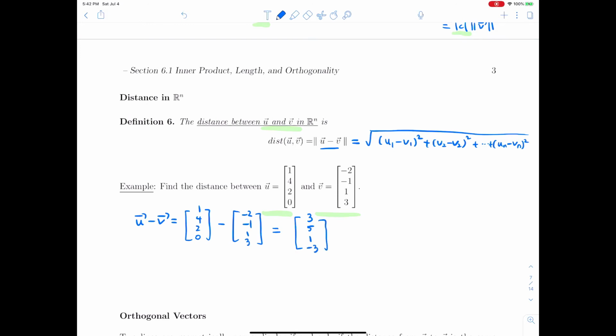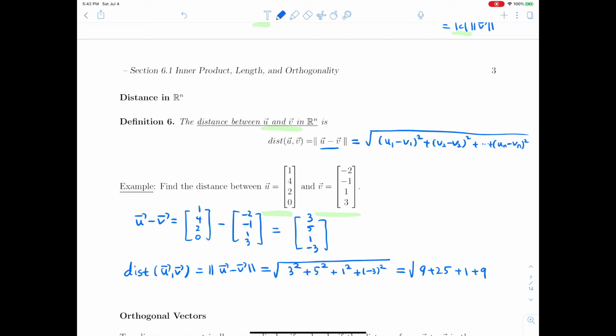So the distance between the vectors u and v equals the magnitude of u minus v, which is the same as the square root of 3 squared plus 5 squared plus 1 squared plus negative 3 squared. And this equals 9 plus 25 plus 1 plus 9. So this gives you 10 plus 25 equals 35, so this equals the square root of 44.